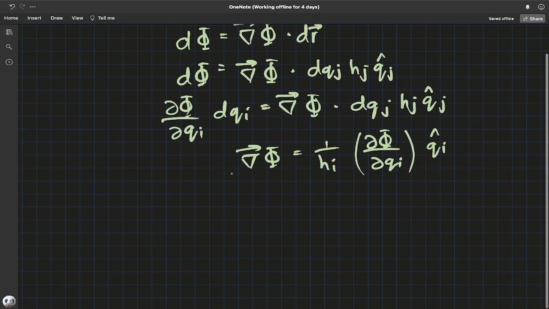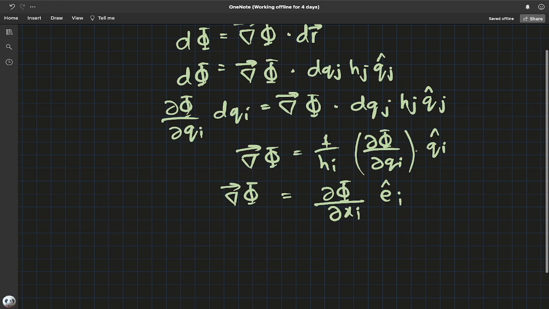So this is the gradient in your general curvilinear system. Let me remind you, the gradient in the Cartesian system is simple. It's just, say, partial phi partial xi ei hat. Here you're not only differentiating with respect to those free variables, but you also are dividing by the scaling factor of that corresponding variable.